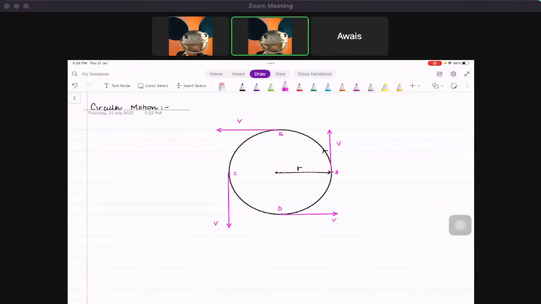So what basically is happening here is that the magnitude of velocity does not change, but the direction keeps on changing.